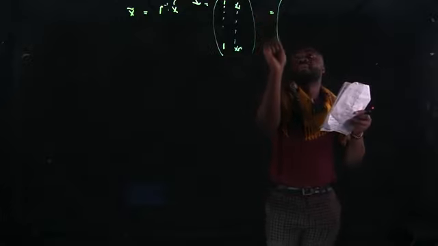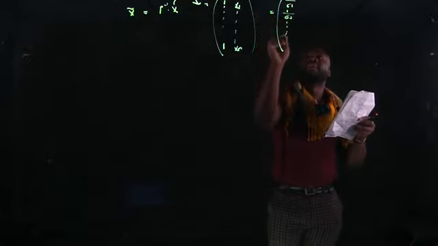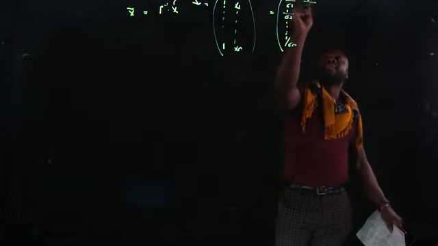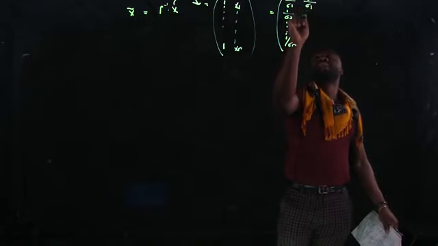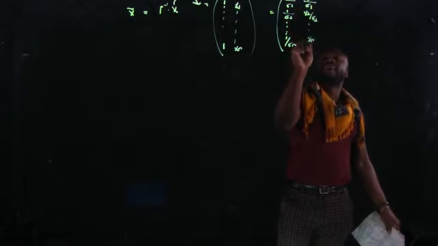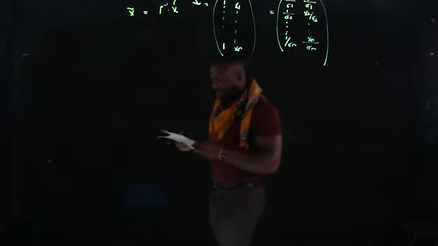So we end up with 1 over sigma 1, 1 over sigma 2, 1 over sigma sub n, x1 over sigma sub 1, x2 over sigma sub 2, x sub n over sigma sub n.